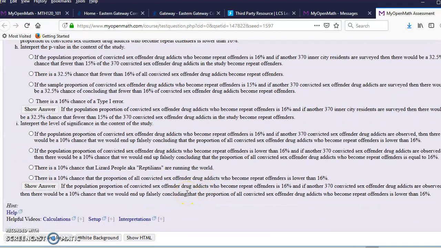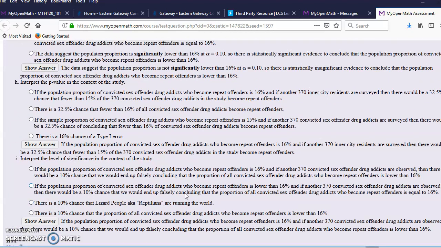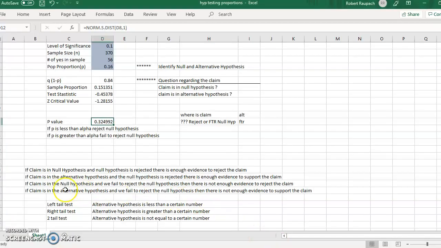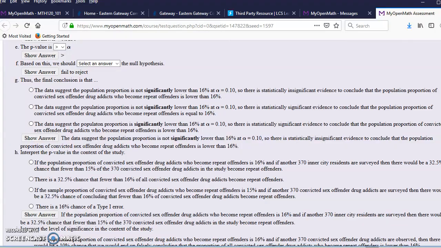After you figure out that we fail to reject because P is greater than alpha, this answer closely resembles the fourth one down here because the claim is in the alternative and we fail to reject the null hypothesis. Claim is in alternative, fail to reject null. Not enough evidence to support the claim.